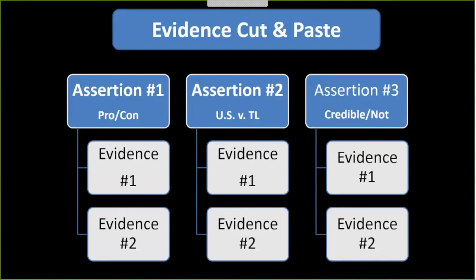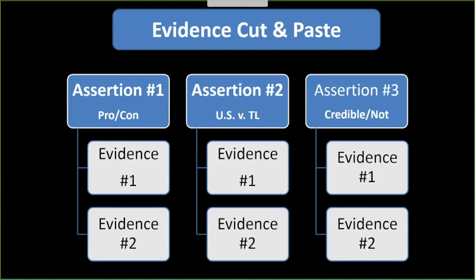So that might be things like, what are the pros for the course of action we've chosen in our project, and what are the cons? Find evidence for the pros out of the text that you've read, and find evidence for the cons. What is the U.S. perspective versus the perspective of people in the target language? And they're looking for evidence for those. And you could even have them in different groups where I'm looking for the U.S. perspective and my partner is looking for the target language perspective.